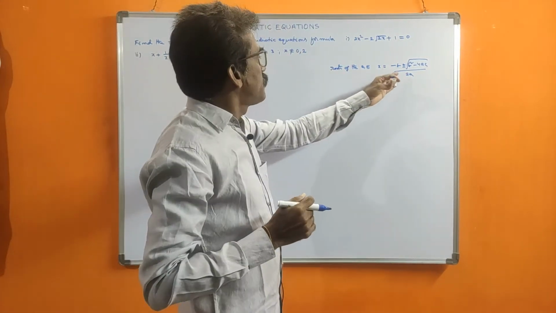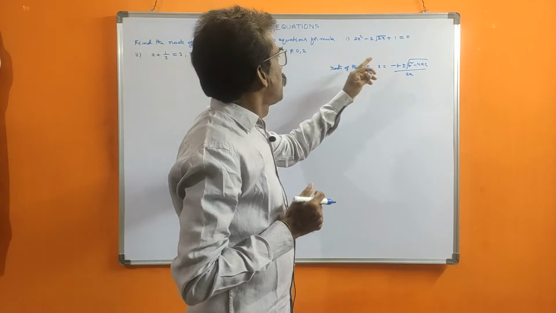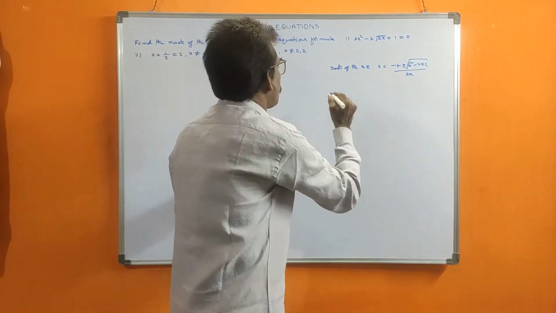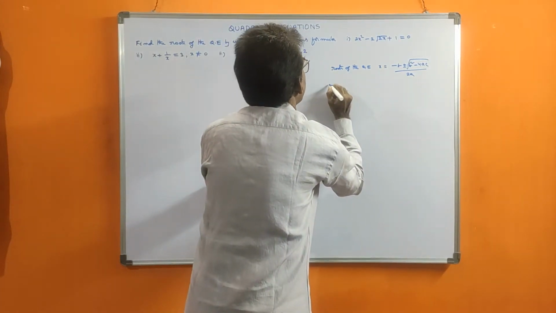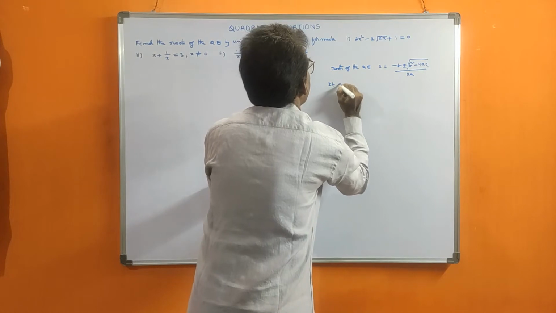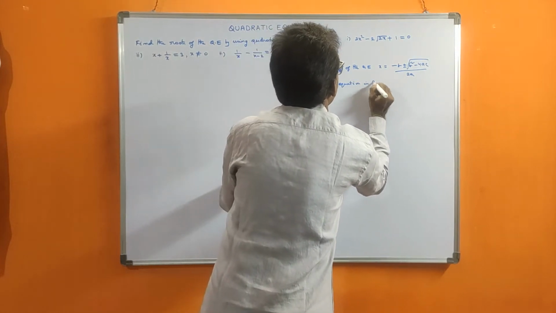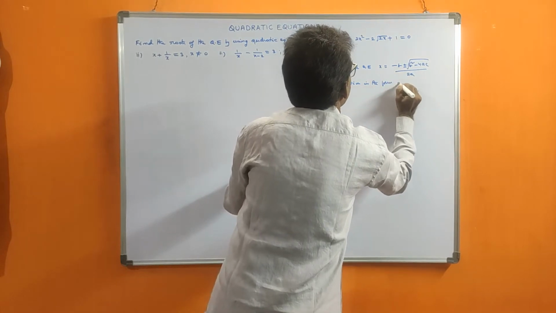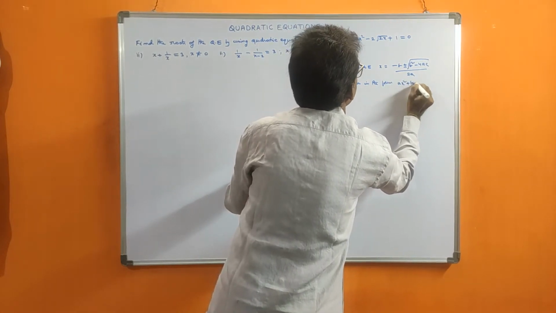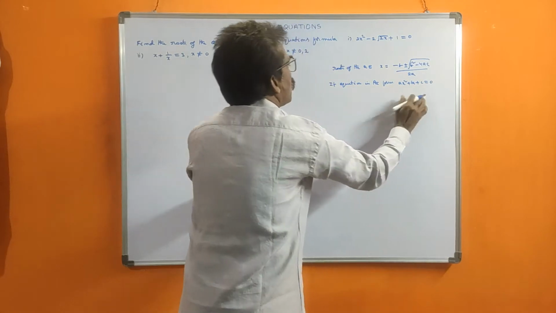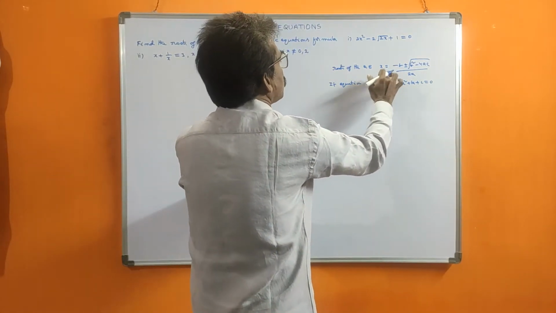In this, a, b, c: first you write the coefficient of x square as a, if the equation is in the form ax square plus bx plus c is equal to 0. When the equation is in this form, this is the formula for its roots.